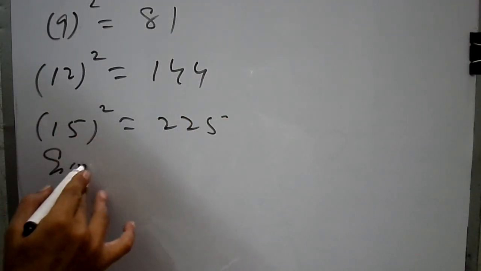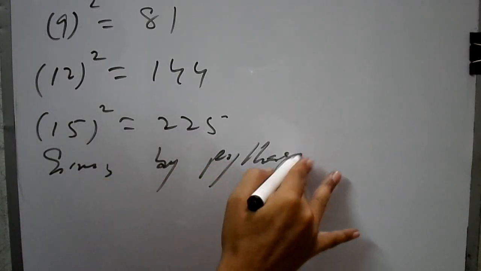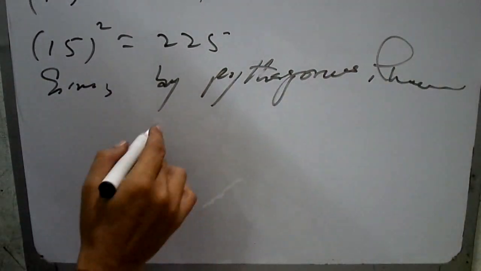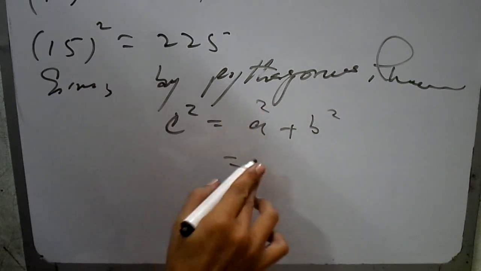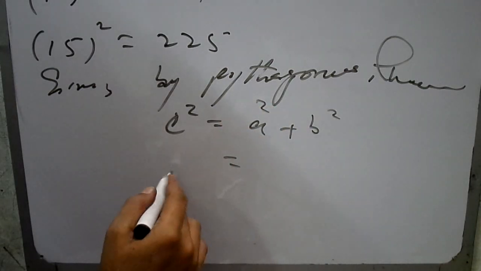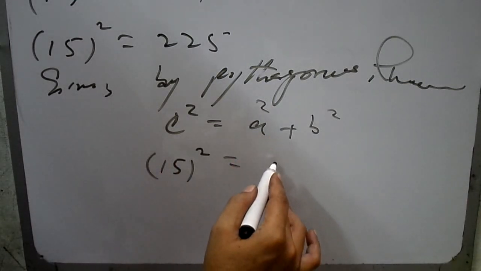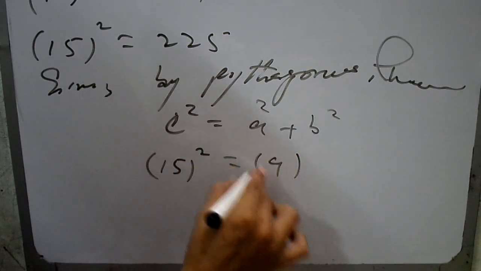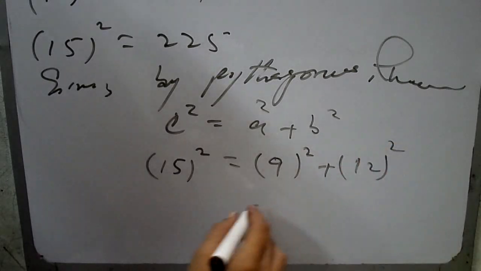So by Pythagoras theorem, c square is equal to a square plus b square. So you have to put the values here. If I put 15 square, whether it is equal to this or not, I think maybe it will be equal.